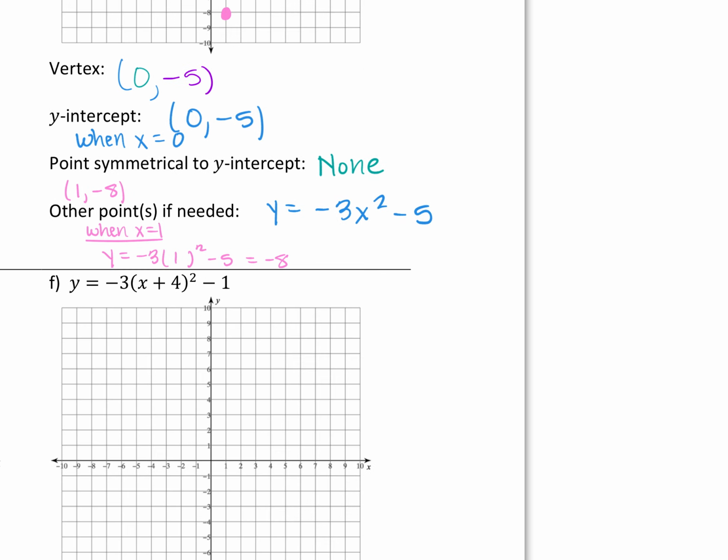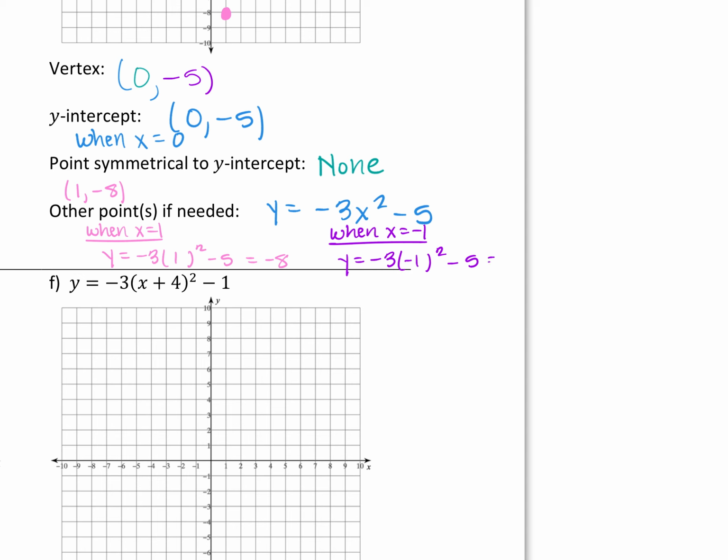And then when x equals negative 1, I have y equals negative 3, and then my x is being squared, and we are subtracting 5. So I'm replacing this x with negative 1. Yes, you do need parentheses. If you don't have parentheses when you type this into your calculator, it'll be wrong.